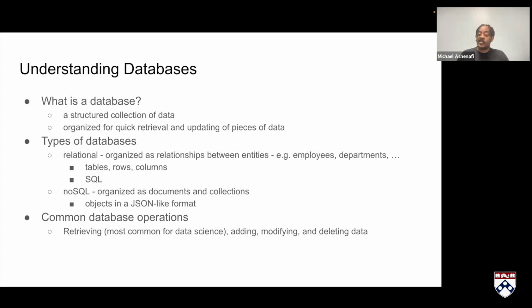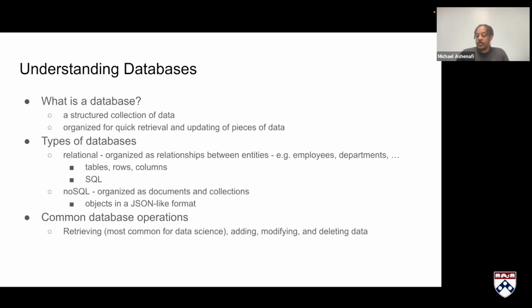Usually storing information is a bit slower, but especially for the purpose of this module, we're mostly interested in retrieving or reading information, or in the database sense, we're more interested in querying databases. So this is in brief what databases are.